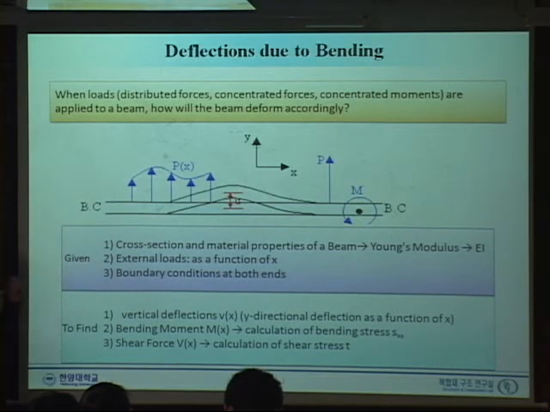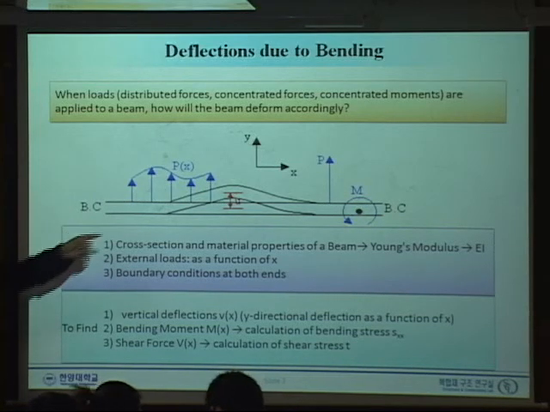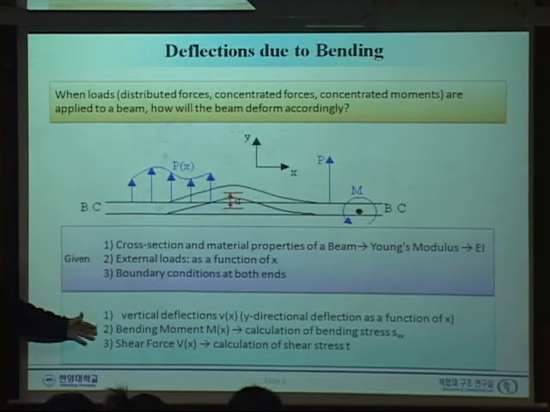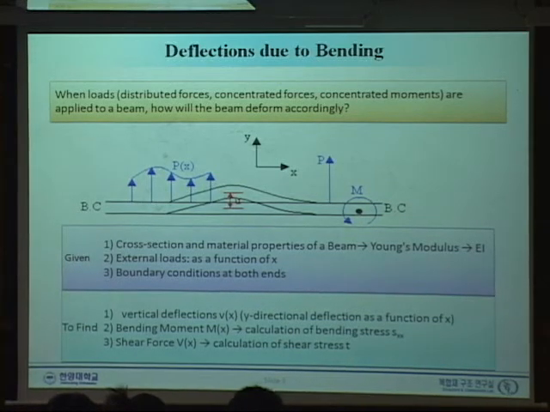And the second given condition is the external load as a function of x, and boundary conditions at both ends. Okay, keep that in mind. We have three conditions which need to be specified.